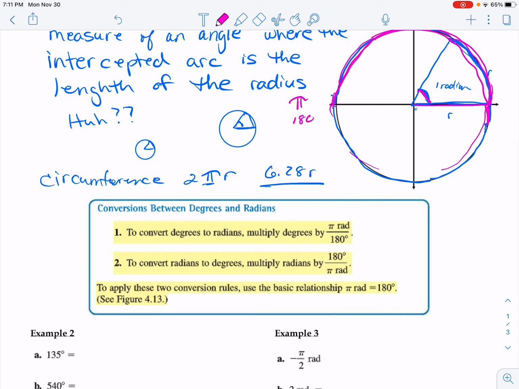So if I'm converting from degrees to radians, I'm going to multiply by pi radians per 180 degrees, and they cross out. And your answer's in terms of pi, because it's exact. In reverse, if I have radians, you're going to multiply by 180 degrees per pi radians, these cross out and your answer's in degrees.